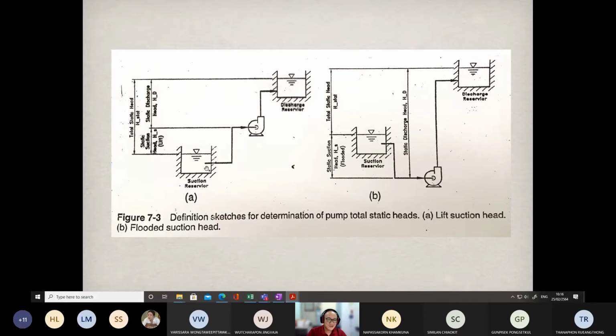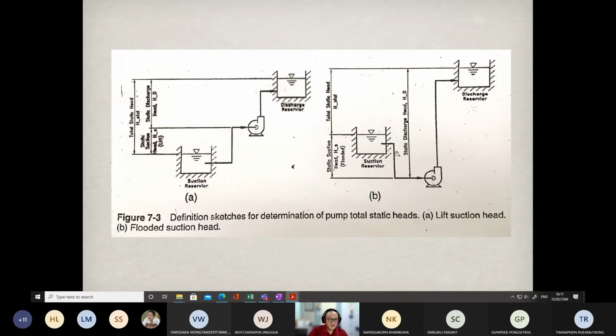So the pump has to lift this water from the lower elevation and the water will be transported into the pump, which is located above the water level. And the last one, the vertical distance between the center line of the pump and the water level in the discharge reservoir, is called the static discharge head.